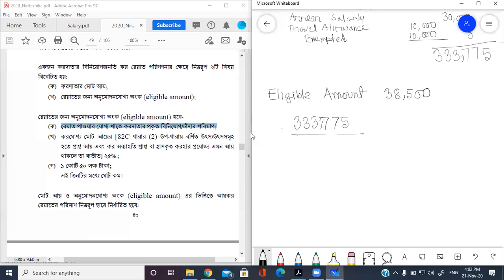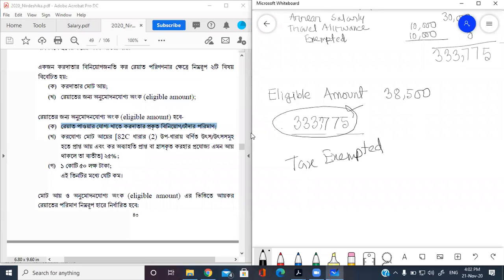I am just giving you an additional case. If it is such that in this total income, what you just have calculated, you have added some income which is tax exempted.